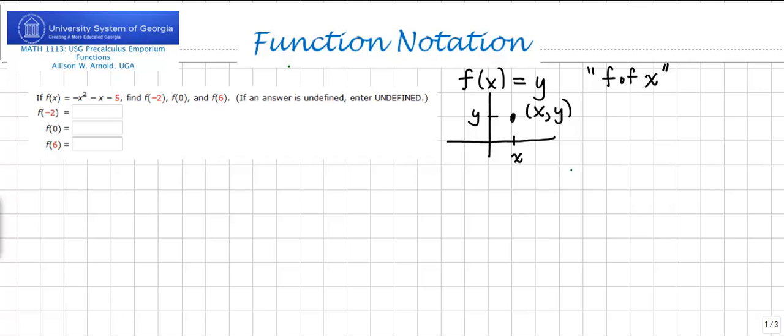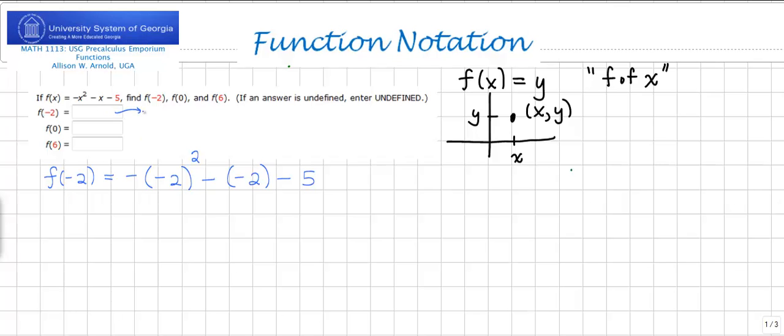Okay, so let's do f of negative 2 first. F of negative 2 means that each input x becomes negative 2. So in my formula, I would write negative parenthesis negative 2 close parenthesis squared minus negative 2, so parentheses around the negative 2 again, minus 5.